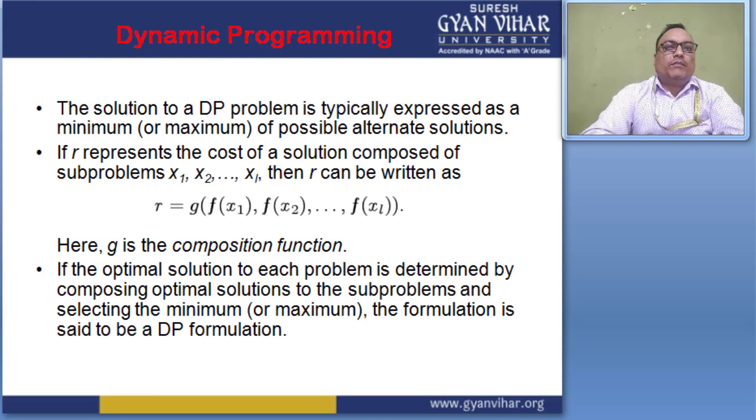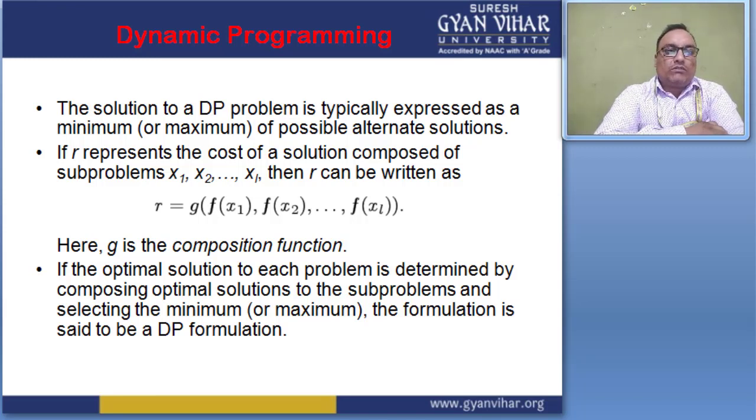The solution of dynamic programming is typically expressed as a minimum or maximum quantity, and this is a possible alternate solution. If R represents the cost of the solution, then the solution composed of subproblems x1, x2, up to xl can be written as R equal to g of f(x1), f(x2), up to f(xl), where g is the composition function.